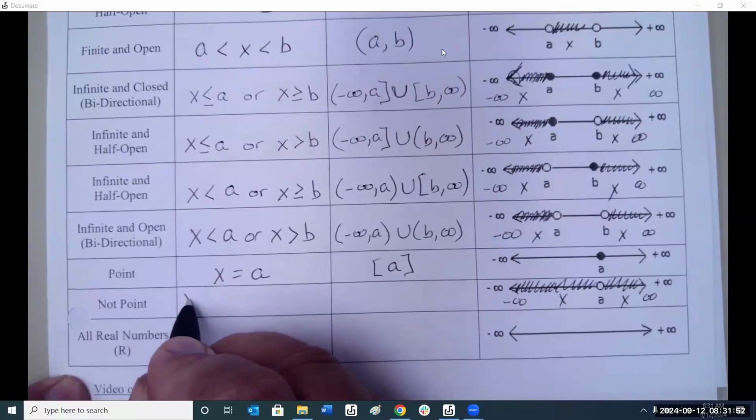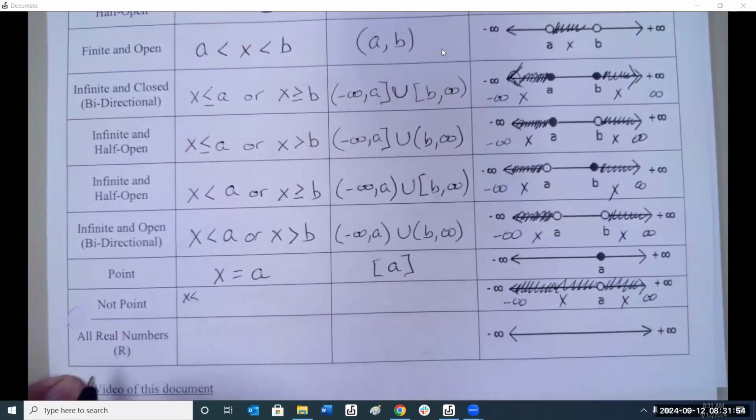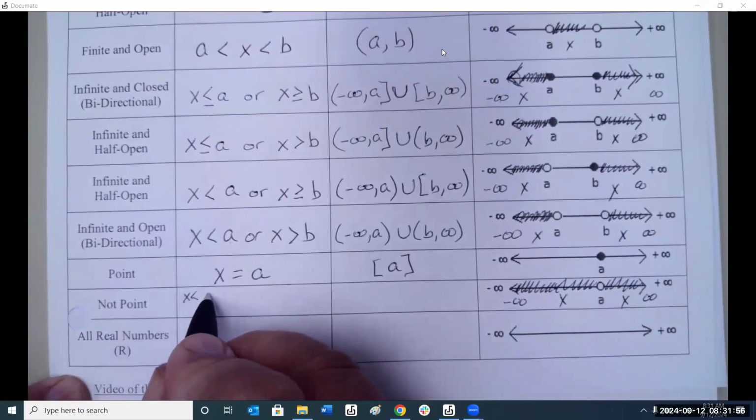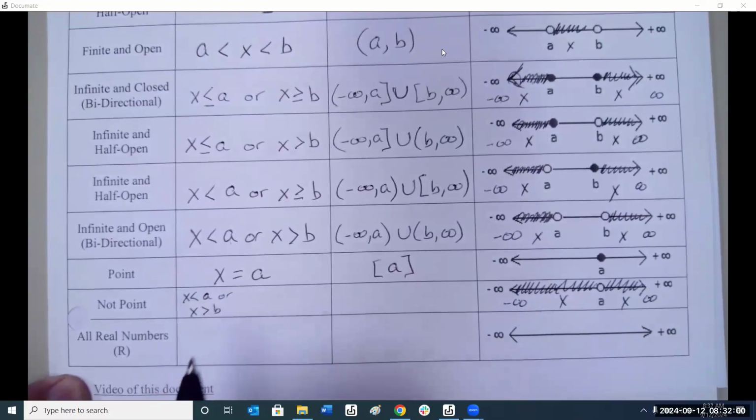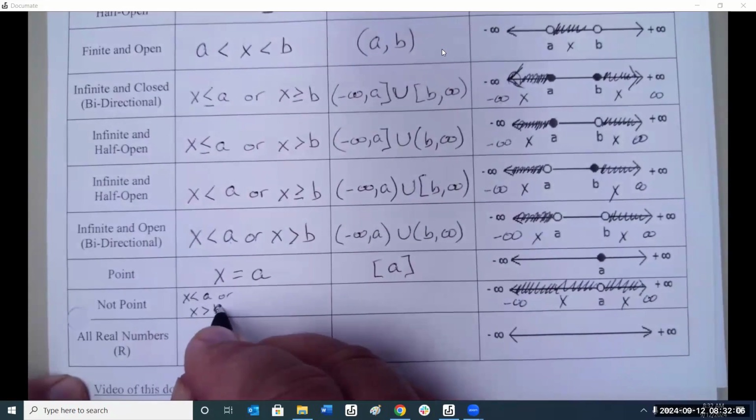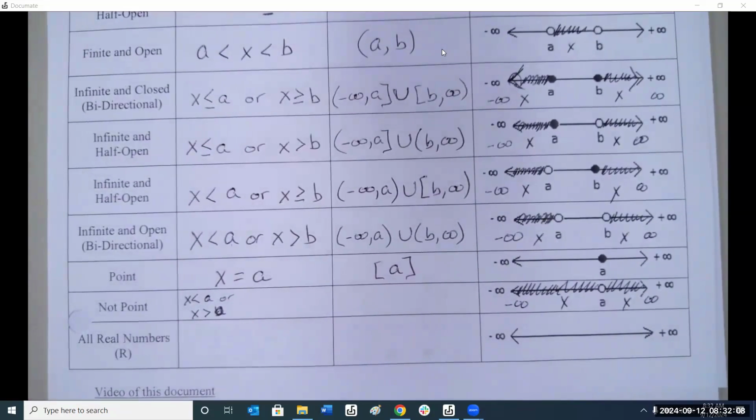Okay, so you're saying x is less than a or x is greater than a. That's not bad. Yeah, that works. Is there another way to write it easier?